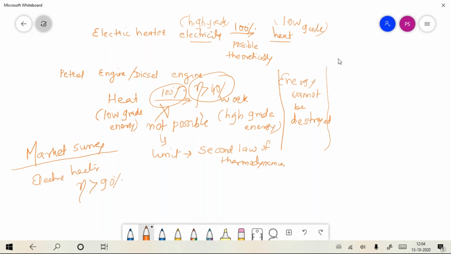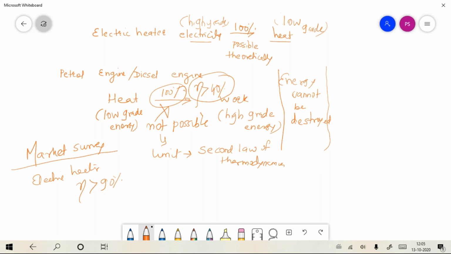Okay, energy is conserved, but exergy is being destroyed. We have not yet defined exergy. Please note, we are simply looking at it from a conceptual angle. I have not yet defined what is available energy or what is exergy. But I am trying to bring to you the idea that though energy cannot be destroyed, the work potential of the energy is destroyed in the energy conversion process.